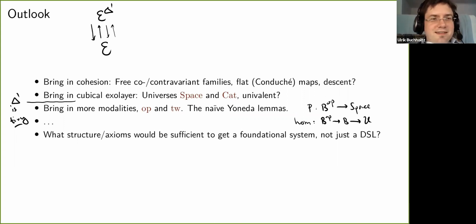A DSL is a tool you might use for this purpose. So you might say, I want to prove something, and I use the DSL because it's convenient. But then you need to have an interpretation or a model of it. And then in the foundational system, you would have to interpret that to get the theorem you're actually interested in if you wanted to use the DSL for some other larger development.